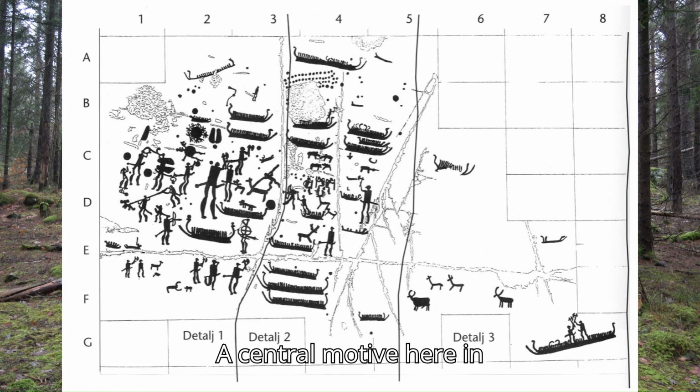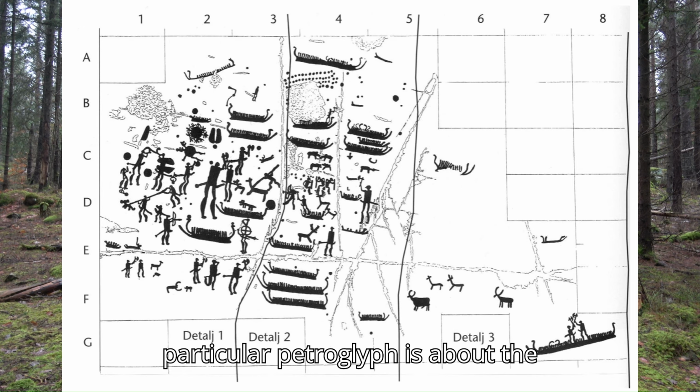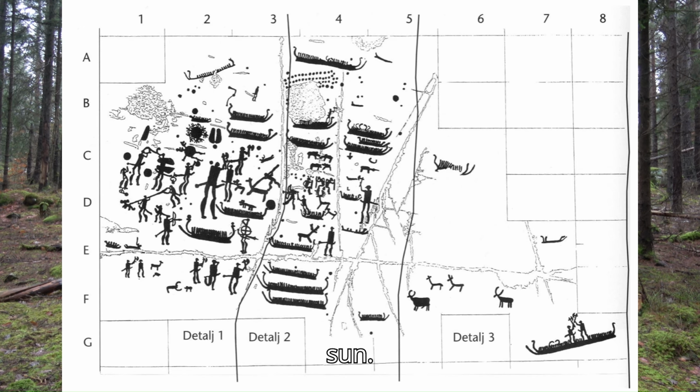A central motif in this petroglyph shows a circle with beams or branches all the way around, which can tell how this particular petroglyph is about the sun.